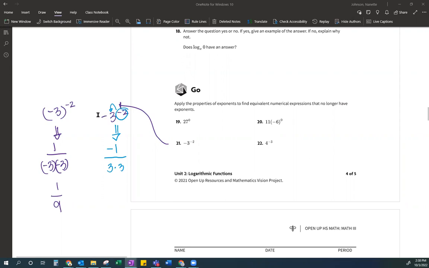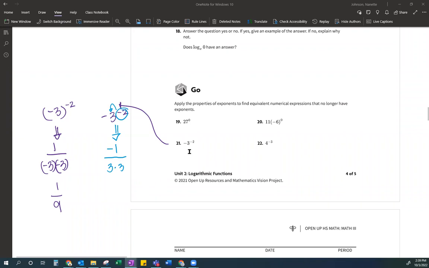PEMDAS says take care of exponents first, then multiplication. But Ms. Johnson, this is a -3. Yeah, but when it has an exponent like this, it's actually -1 times 3, or the opposite of, right? So here, do you see the difference between the two answers? This one on the left is +1/9, and the one on the right is -1/9.